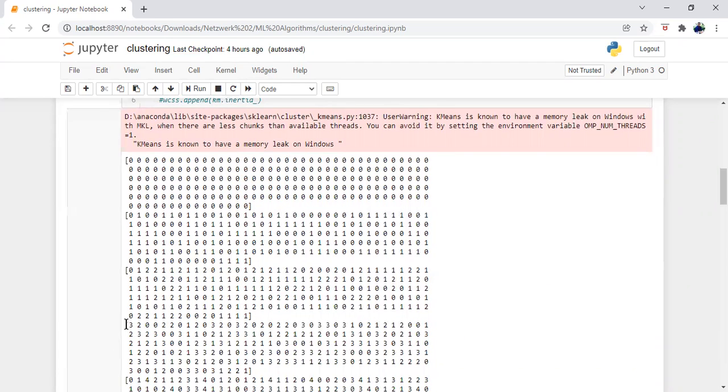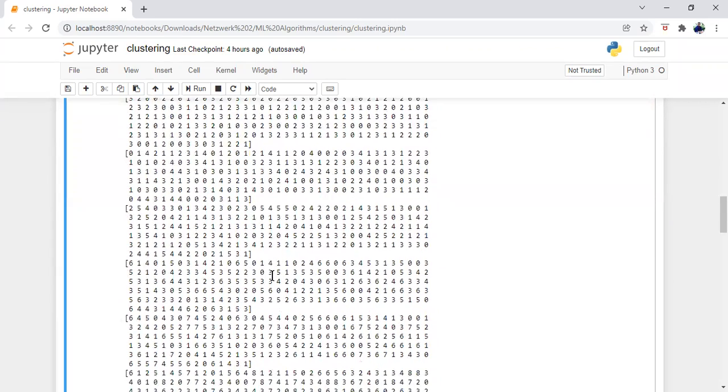For example, this is 0 1 2 3. This is the situation when the data set is divided into 3 clusters. So the first row is from the third cluster, the second is from cluster number 2, and the third one is from cluster 0, and so on.